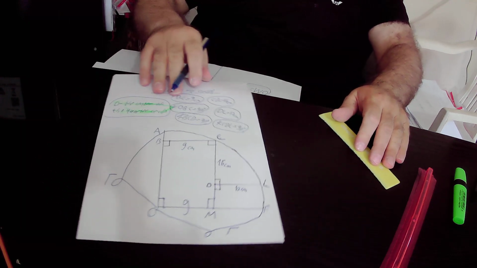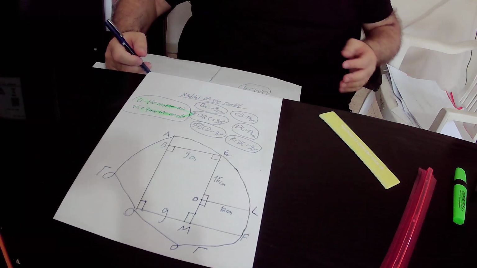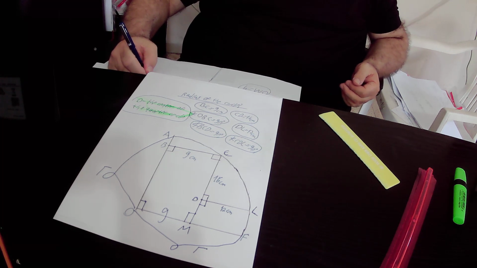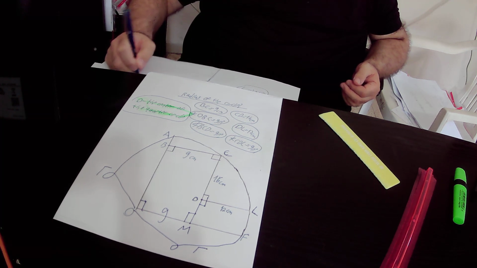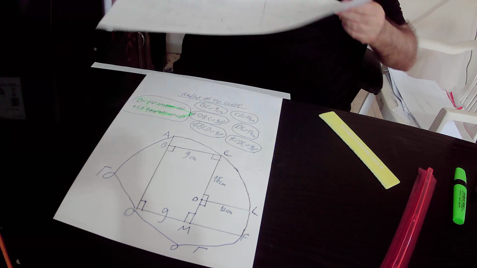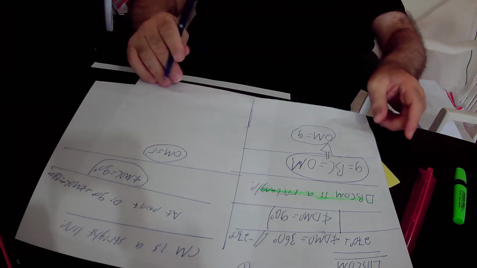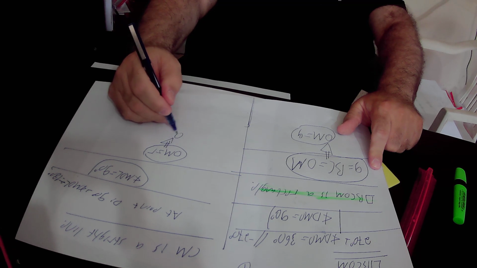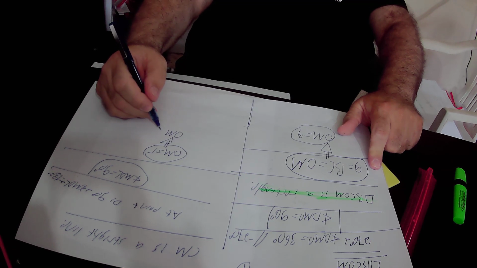Likewise, OM equals R. It is the radius of the quarter circle. Therefore, we can conclude from it that OM is absolutely a straight line.